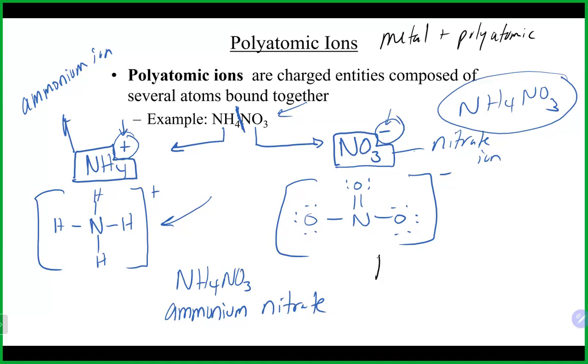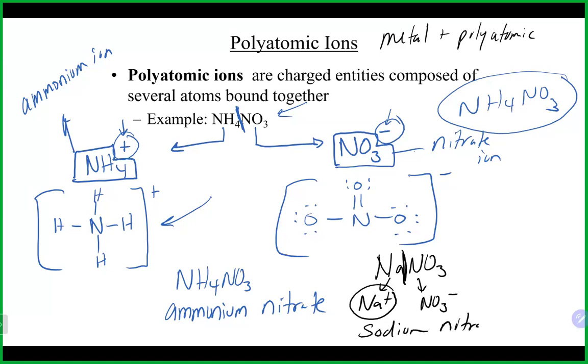So for example, if I had NaNO3, and I broke it up right there, this is sodium, and that is my nitrate. And here we would look at the metal, and that is a group 1 metal, which means it's a type 1 metal. And this would be sodium, and the whole name of our polyatomic ion, nitrate.